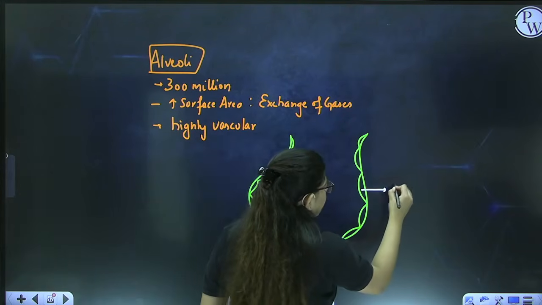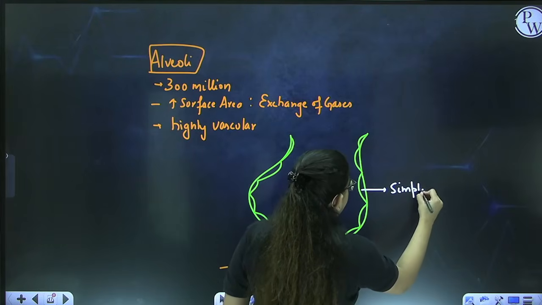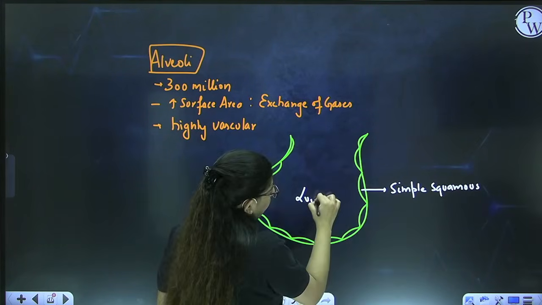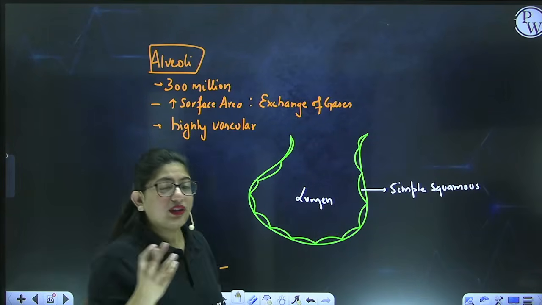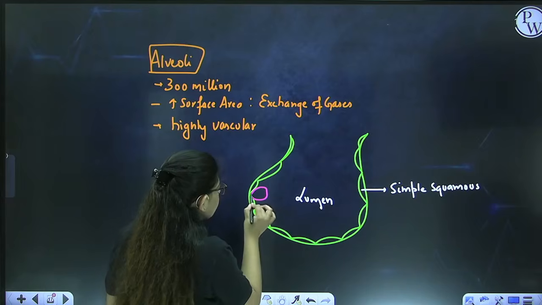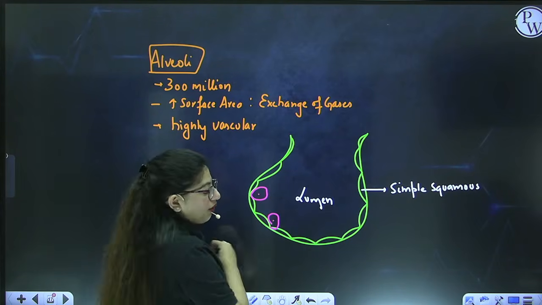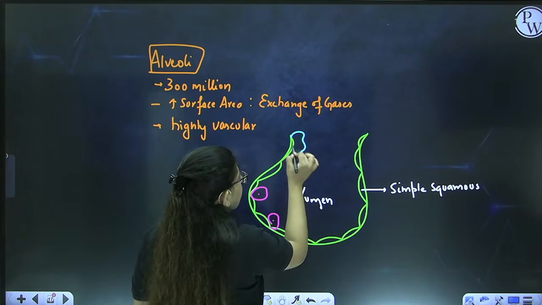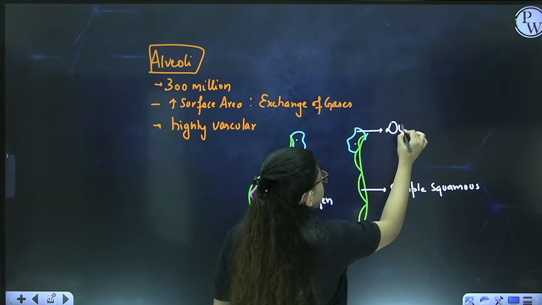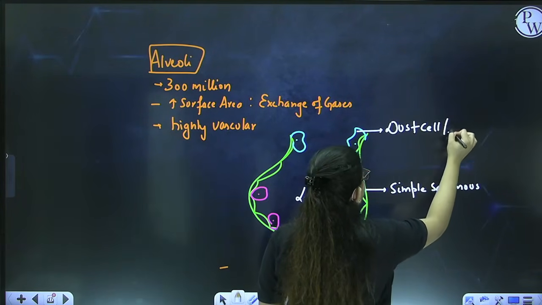The first type of cells are simple squamous cells, and this is the lumen of the alveolus. Apart from that, they also have certain different cells. One is the type 2 alveolar cell, and then we have cells known as dust cells, which are macrophages.